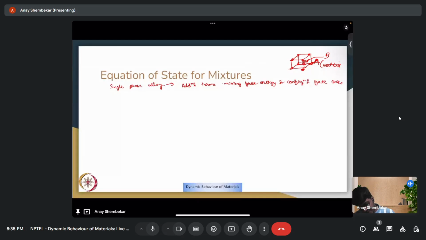An easier one would be a two-phase mixture. Again, easier is a relative term. Suppose you have A and regions of B mixed inside A. You can see this AB interface.